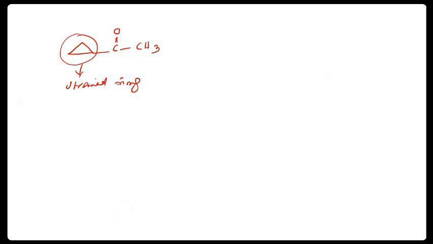As this is a strained ring, these bonds are very weak. And also, if you remember this kind of carbocationic structure, sometimes this bond can delocalize into the p orbitals.